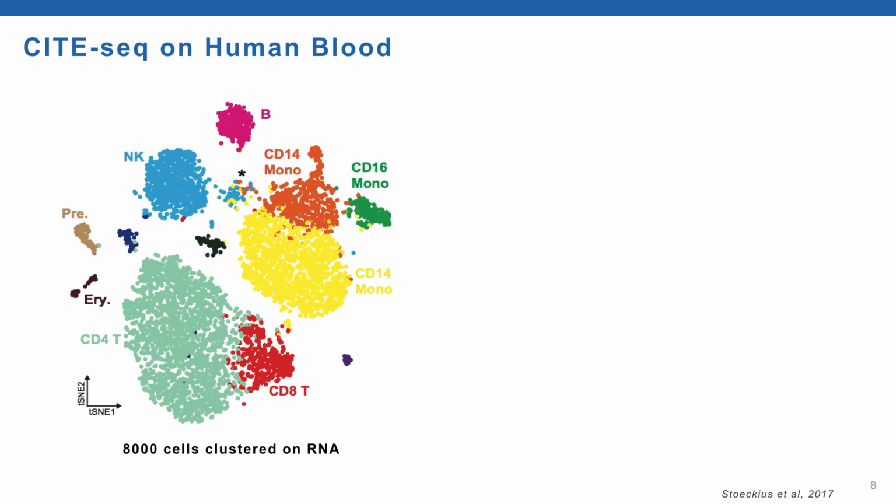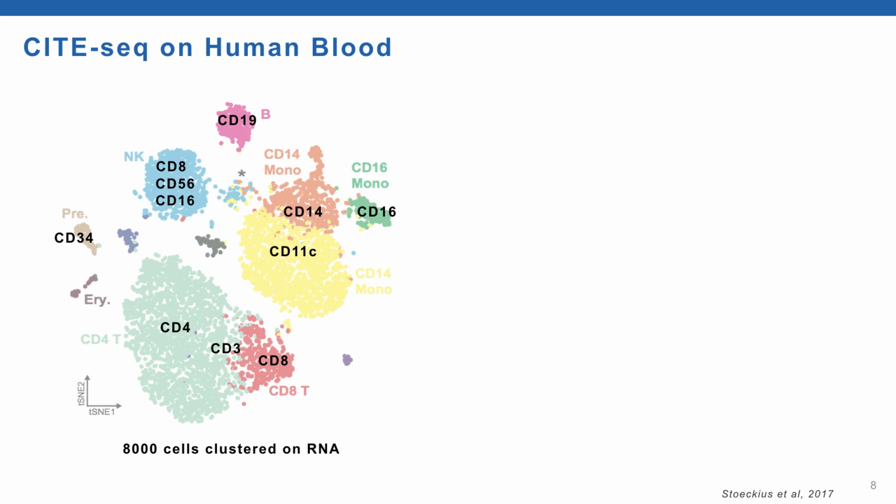So this is an example of CITE-seq on human blood. This is just a t-SNE representation of 8,000 cord blood mononuclear cells that have been clustered based on their RNA gene expression. And you can see all the regular clusters you'd expect to see: T cells, monocytes, NK cells, B cells, etc. But we actually have a protein panel in this experiment as well, and some of the markers that were in this panel are shown here and superimposed upon the clusters in which you'd expect to see their expression.